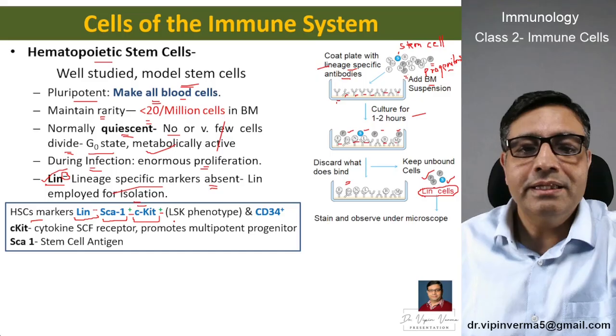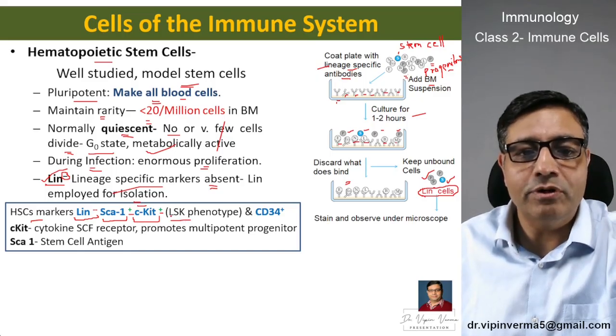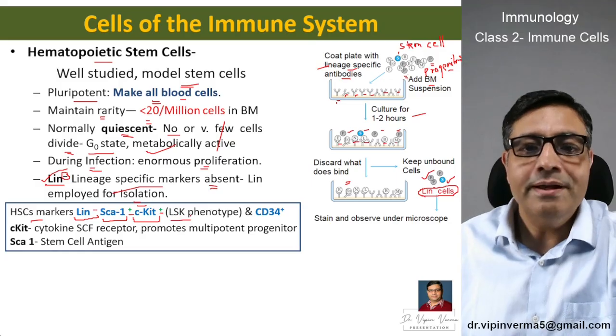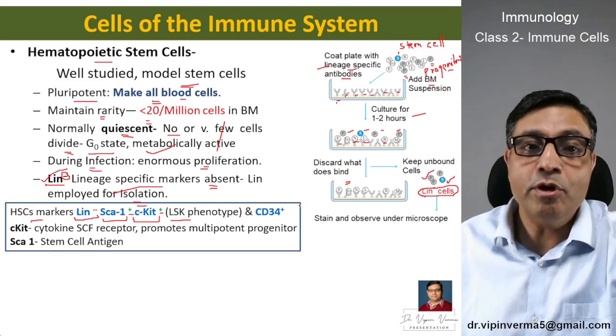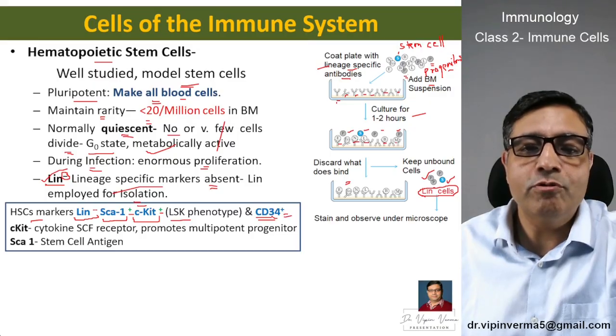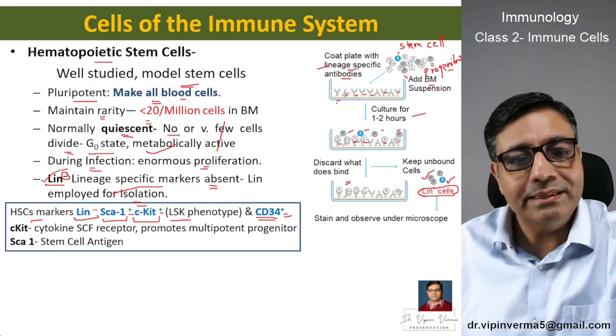Together we call the phenotype of the cell the LSK phenotype. L stands for lin, S stands for SCA1, and K stands for c-kit. Plus, these cells, the hematopoietic stem cells, also show expression of CD34 positive. So that means this particular protein is also present.